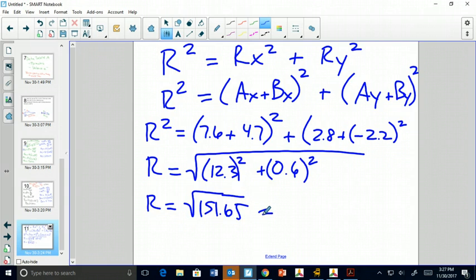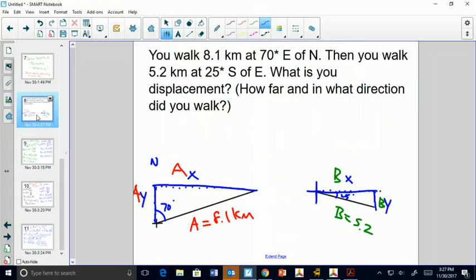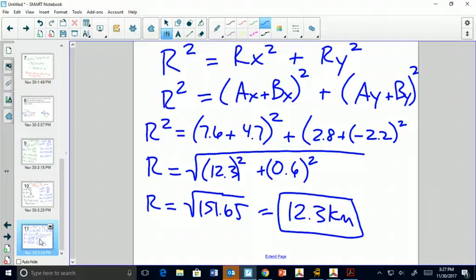I perform my square root and I find that r is equal to 12.3 kilometers. So I know that the total distance that I traveled if I went in a straight line from where I started to where I ended would be 12.3 kilometers.